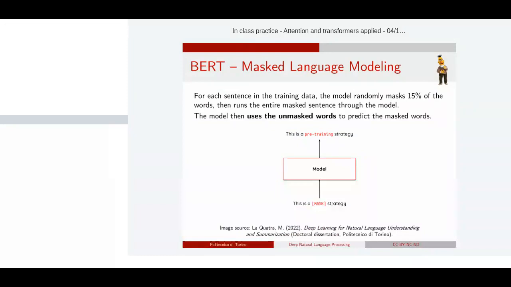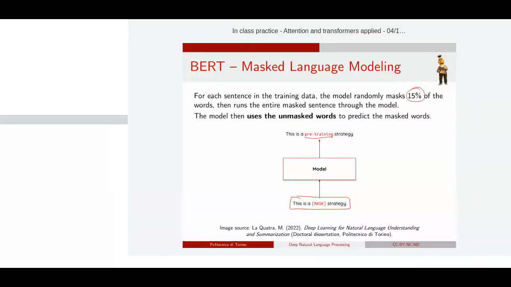The first task used by BERT is masked language modeling, where I have a sentence, I randomly mask 15% of the tokens in the sequence, and I learn to predict the correct word that I have masked in the input. So this is a pre-training strategy. I mask "pre-training", so the input of the model is "this is a mask strategy".